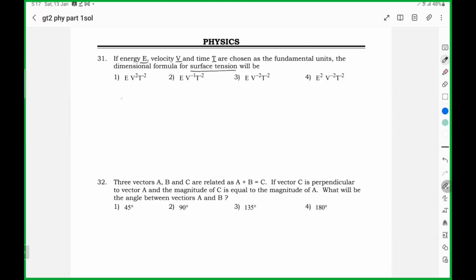So surface tension is force per unit length, and its dimensional formula is M T power minus 2. The energy dimension formula is M L square T power minus 2.